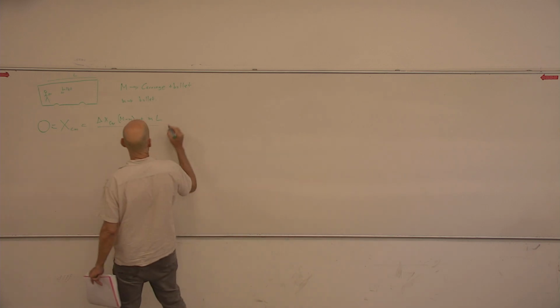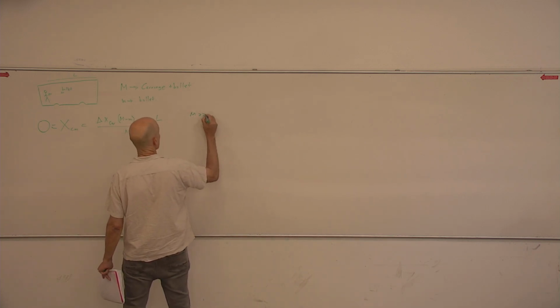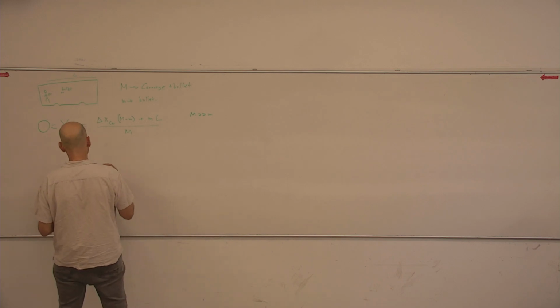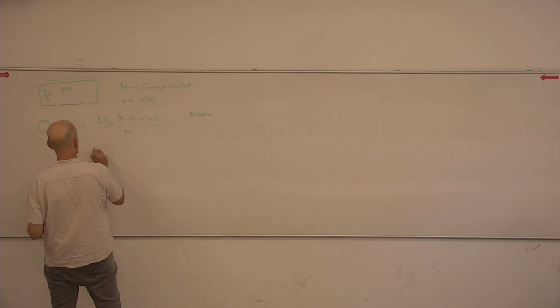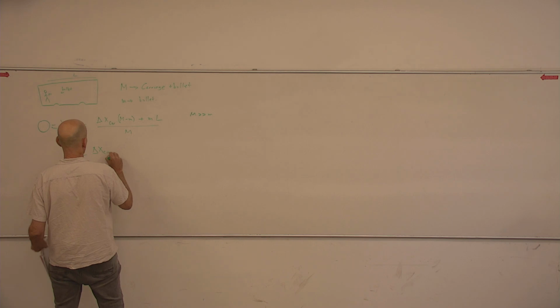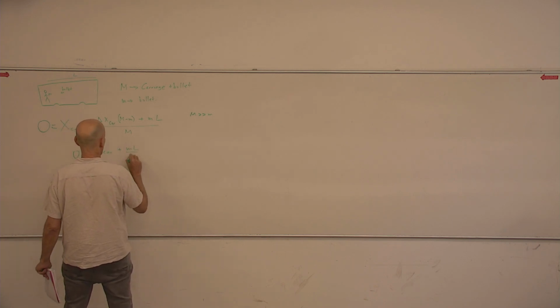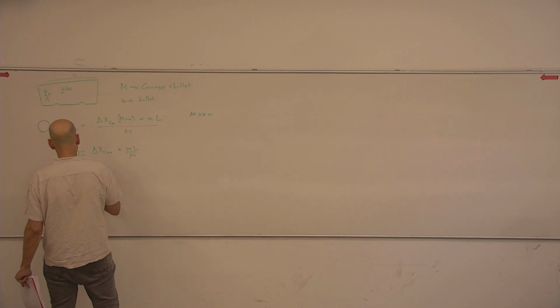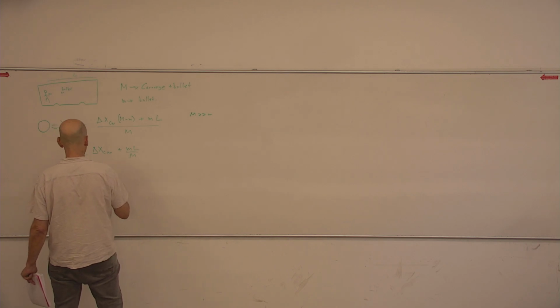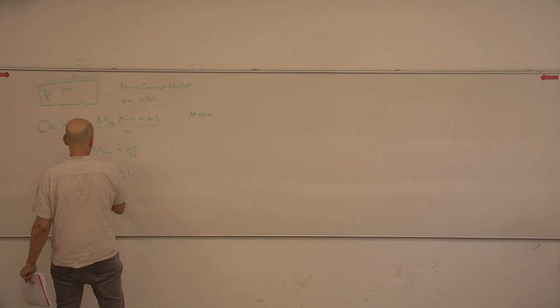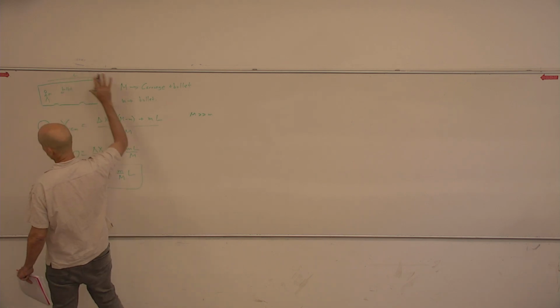And M is much bigger than m, then you get that 0 is equal to delta x carriage plus (m/M) L. So the motion of the carriage is related to the ratio of the masses times the length that you had here.